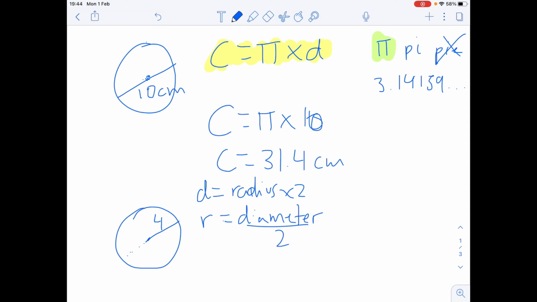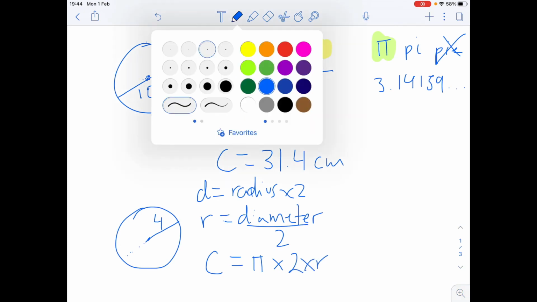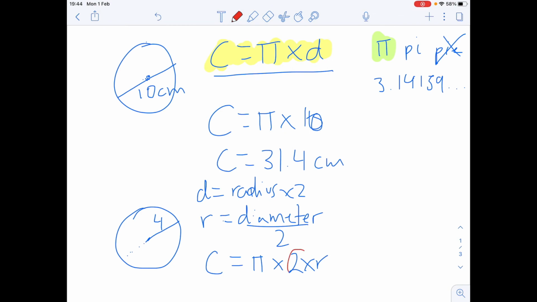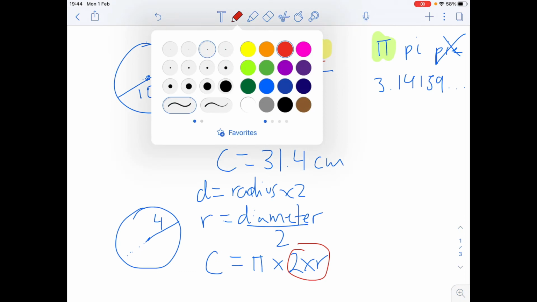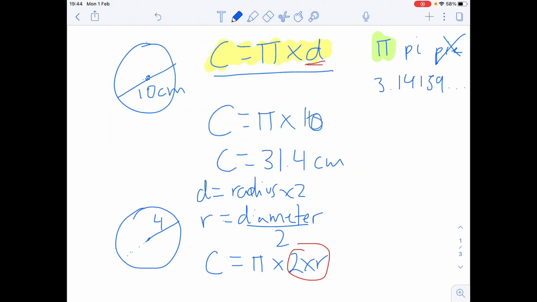So looking at the formula up here, if I know the radius, I can say that the circumference is going to be pi times the diameter, but the diameter is double the radius, so just 2 times r, isn't it? So double the radius is the same as the diameter. So I've got all I need. Whether I know the diameter or the radius, I can use one formula or the other.